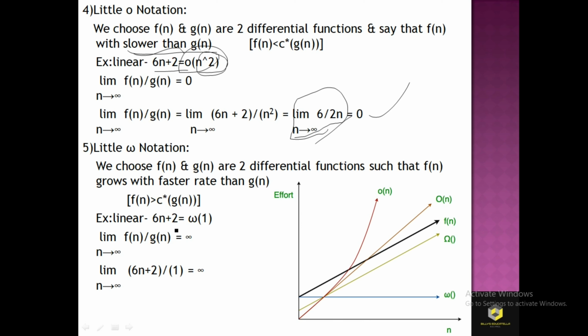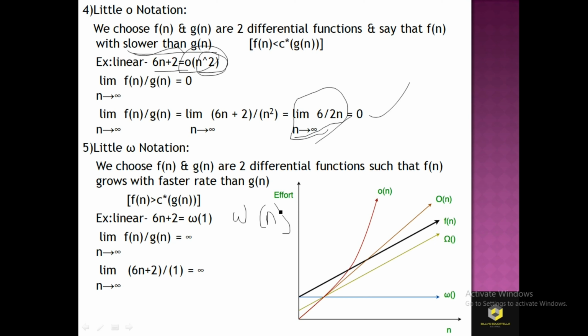If we consider the same example, 6n plus 2, what will be the time complexity? Small omega of 1. But when we compare to big omega notation, what will be the time complexity? Big omega of n.